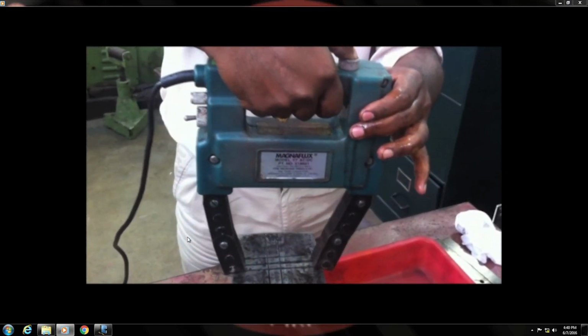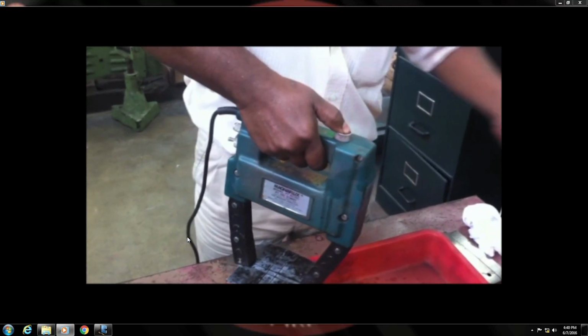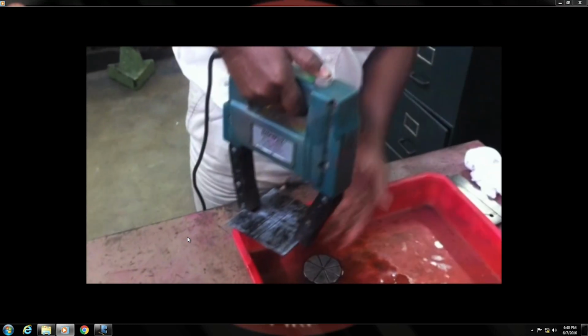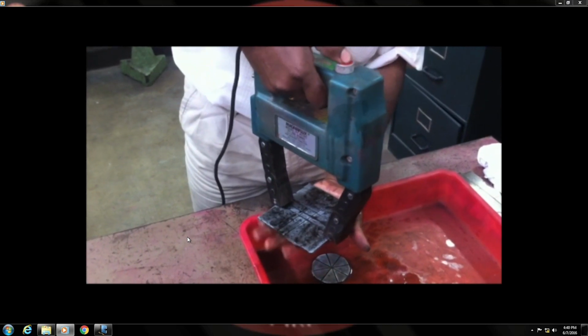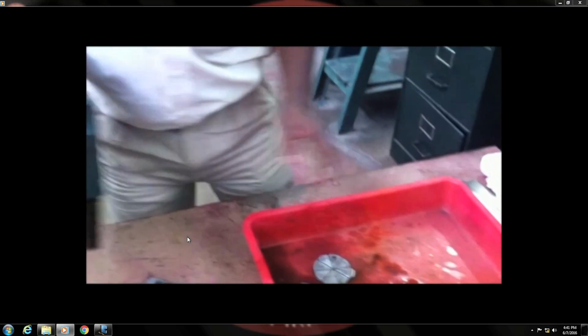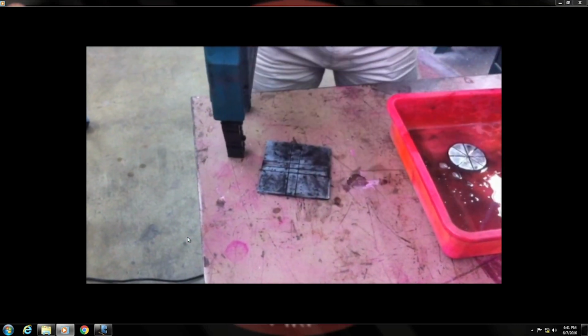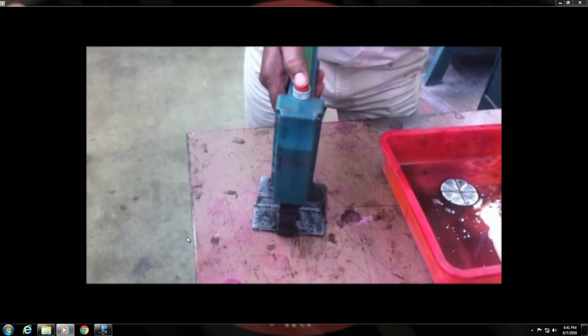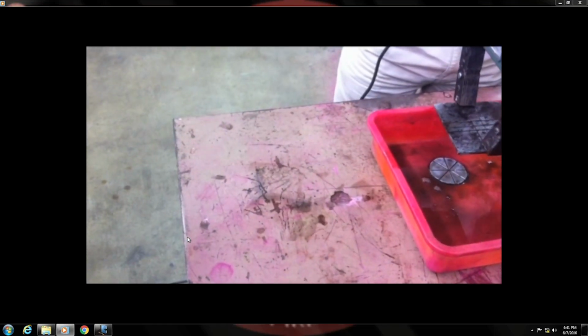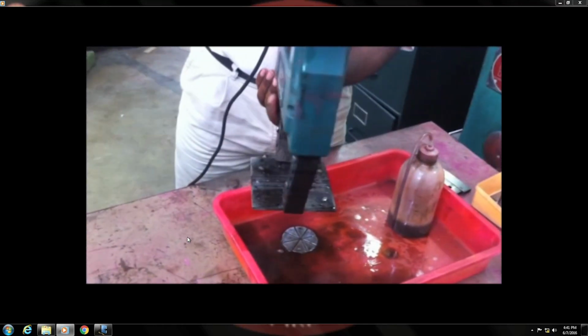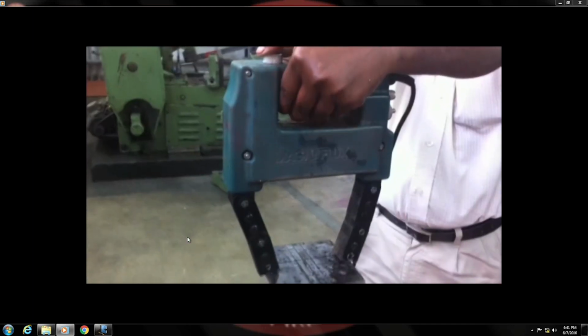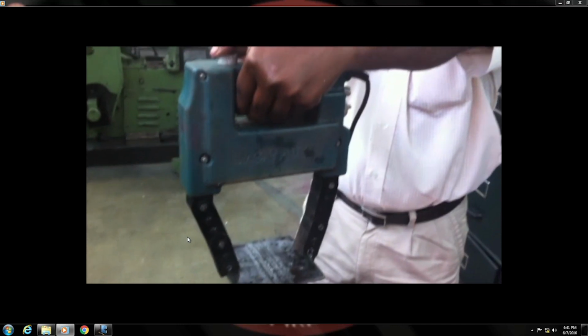So, this can be used as a field indicator like what we have discussed before to know whether the field that is being applied is enough or not, and this can also indicate the direction of the field, because we have a particular pattern, and you would be able to see in which particular direction the majority of the particles are going and accumulating. So, the perpendicular direction to that will be the direction of the field. Okay. So, this is what you could see here.